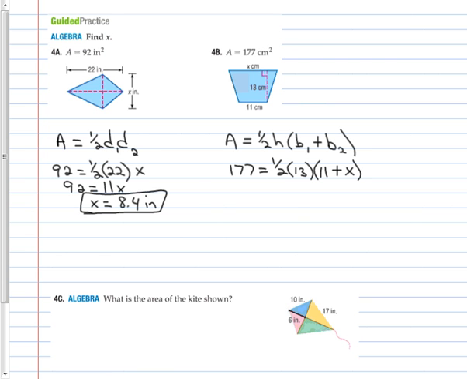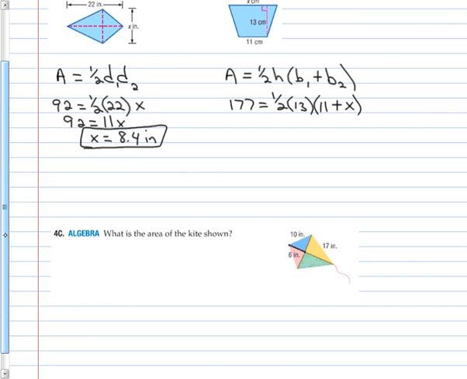So here's how I would approach this problem. I would eliminate my 1/2 by doing what? Multiplying by 2. So we can multiply this one by 2. Then I could divide it by 13. You see what I did? I multiplied it by 2, divided it by 13.